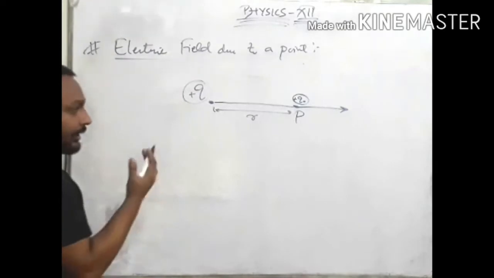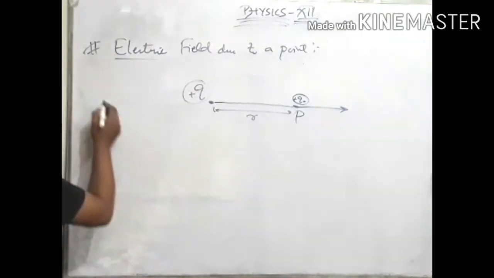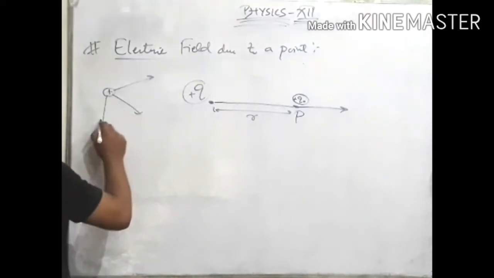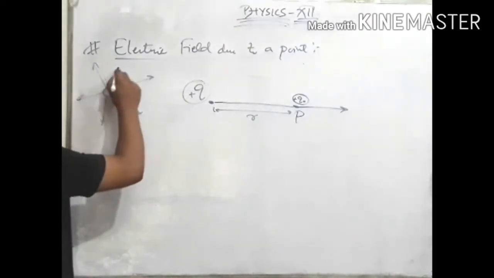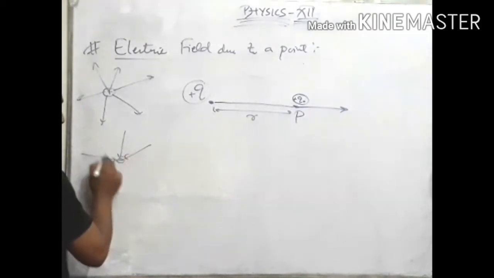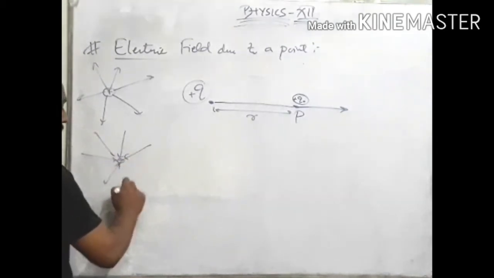As you know well, the direction of electric field lines is away from a positive charge and towards a negative charge. This is the direction of the electric field line.